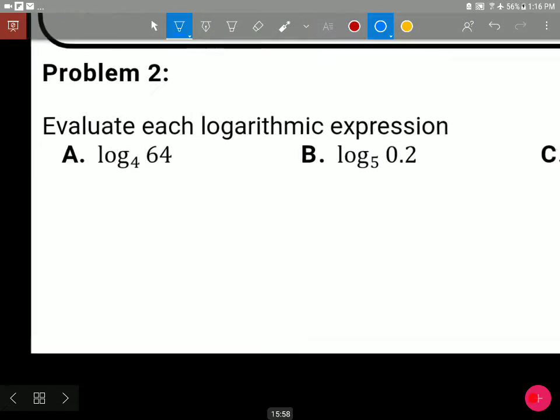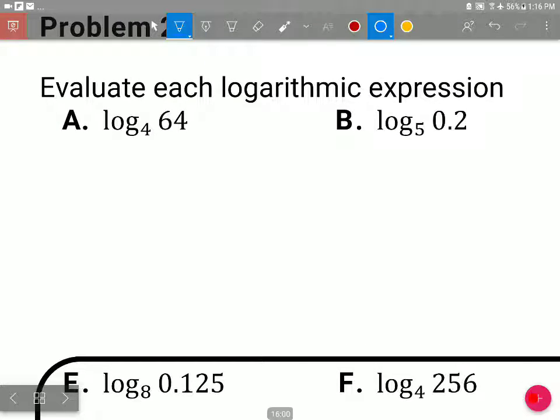Evaluate each logarithm expression. Evaluate is just a fancy term for, hey, solve this. So let's think of it this way. We're not sure what this equals, so let's turn it back into an exponent: 4 to the what power equals 64? 4 times 4 is 16, 16 times 4 is 64.